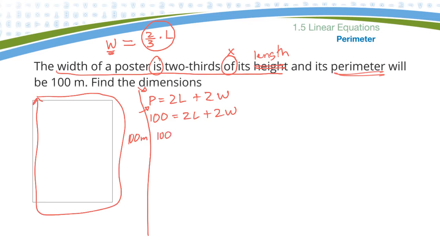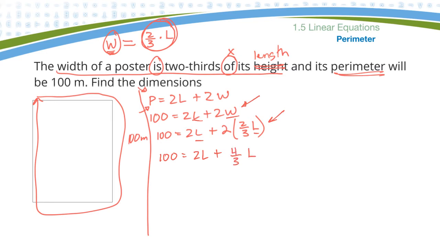Okay, so I have 100 is equal to 2L plus 2, and then instead of W, I'm writing 2/3 L. So 2/3 times L. Now I have an equation. This equation here has two variables in it, L and W. But this equation, now I've got one that just has one variable. Linear equation I should be able to solve. Okay, so 100 is equal to 2L plus, this would be 4/3 L.